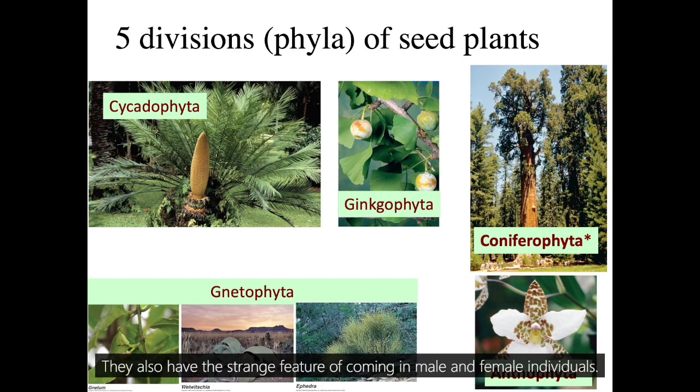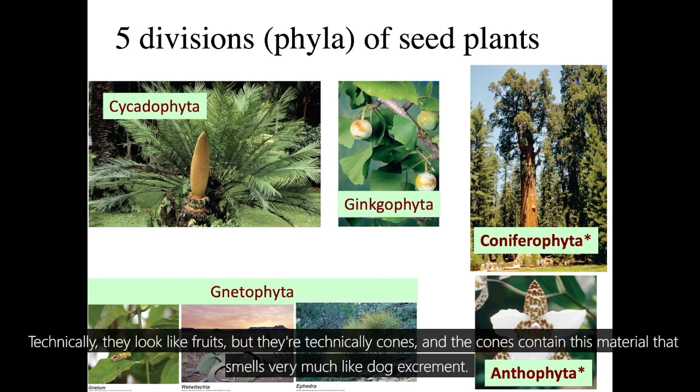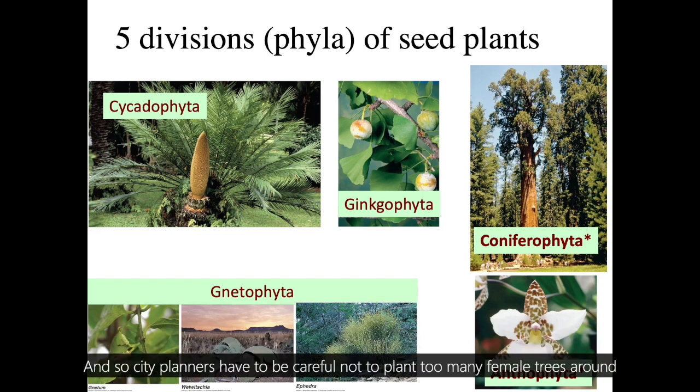They also have the strange feature of coming in male and female individuals, and the female individuals make these cones, technically. They look like fruits, but they're technically cones, and the cones contain this material that smells very much like dog excrement. And so city planners have to be careful not to plant too many female trees around, because it leaves material on sidewalks that people don't appreciate.